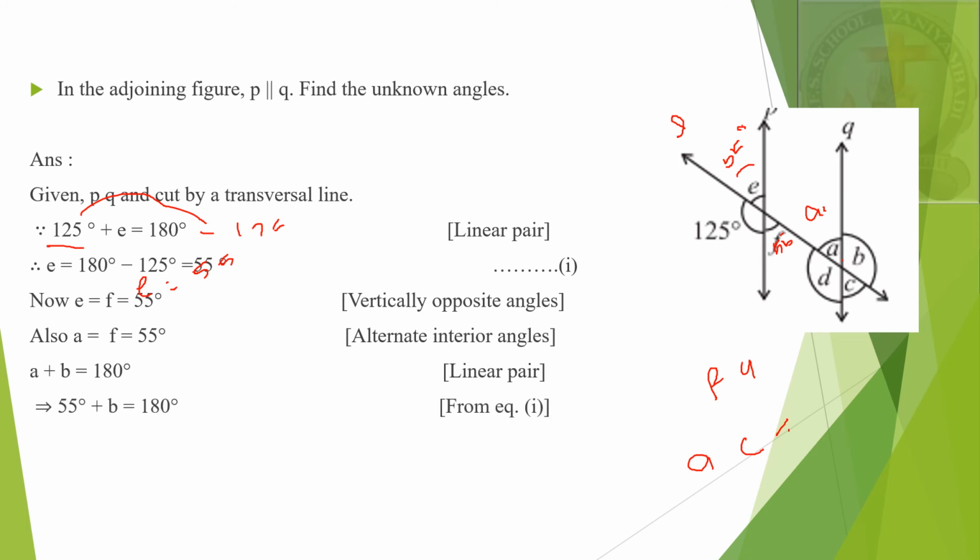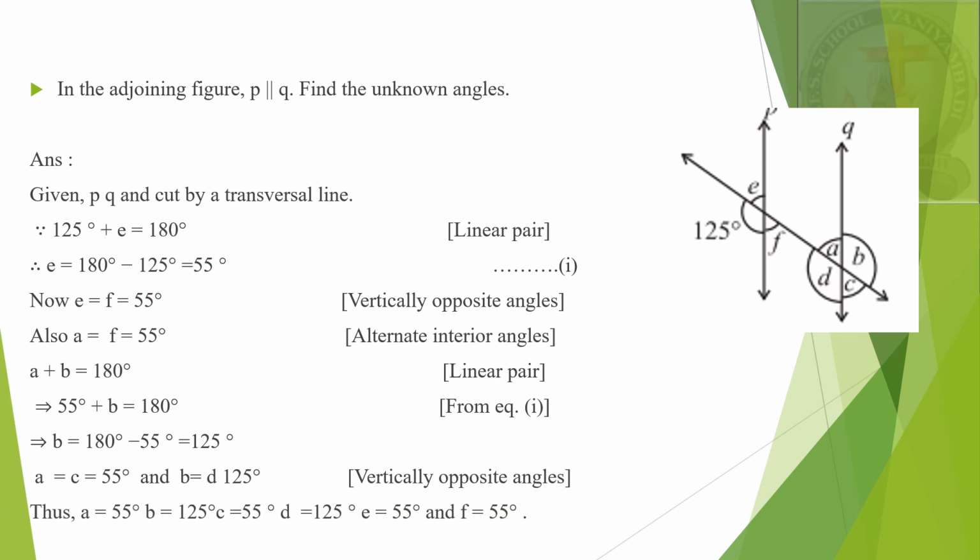If you substitute, you will get B as 125 degrees. So now A and C are 55 degrees and B and D are 125 degrees, children. We have reasons for all these things. Thus A is equal to 55 degrees, B is equal to 125, C is equal to 55 degrees, D is equal to 125, E is 55.